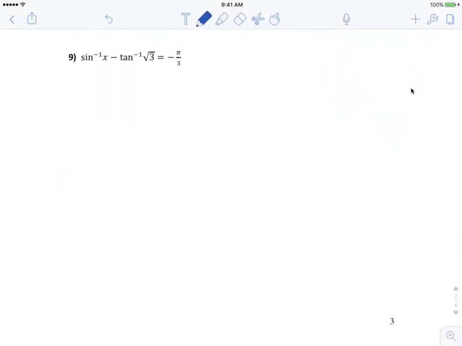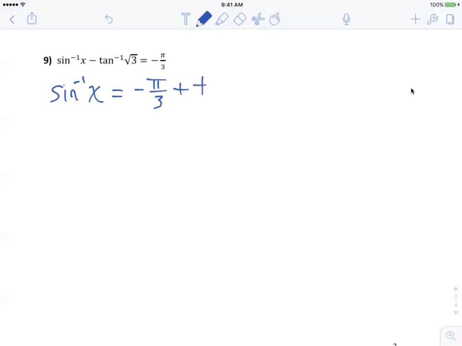Okay, so this is probably the hardest one of the section because we have the trig functions on the same side being subtracted. So my first step, I'm going to move that tangent inverse to the other side, just like adding it to both sides. So I've got sine inverse of x equals negative pi over 3 plus tan inverse root 3.